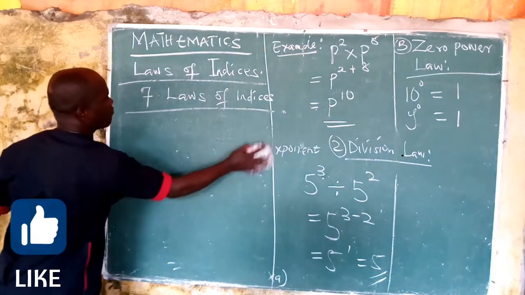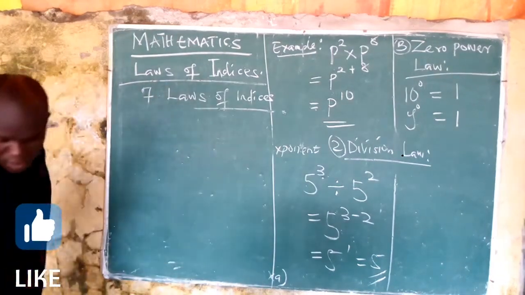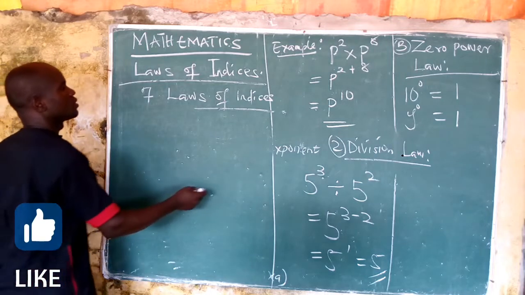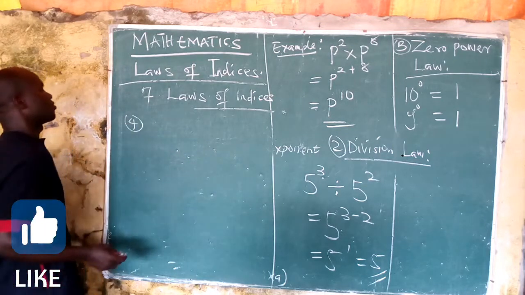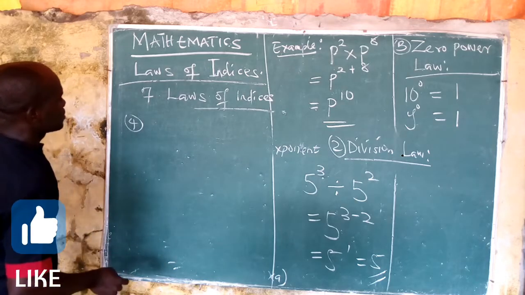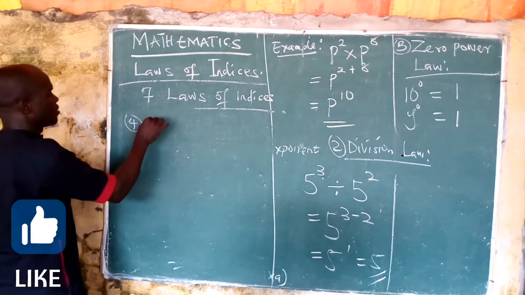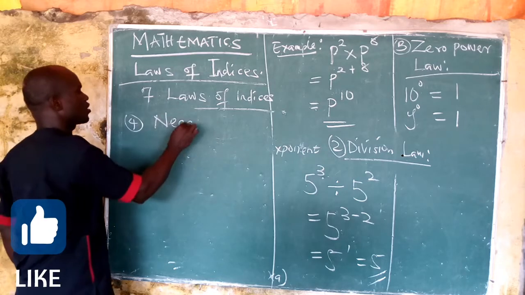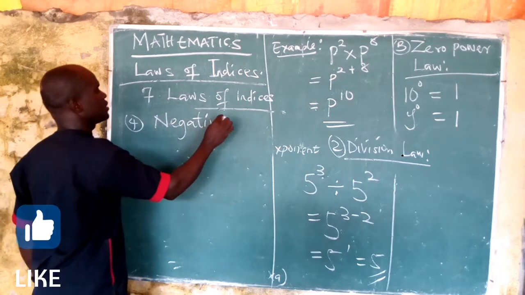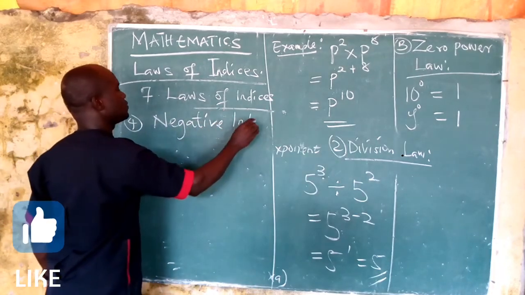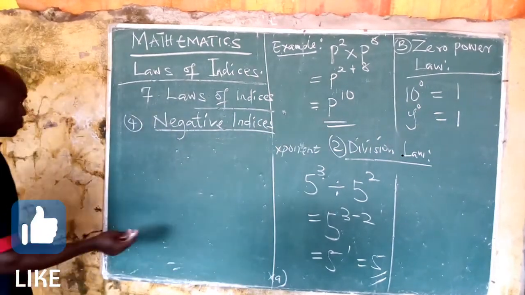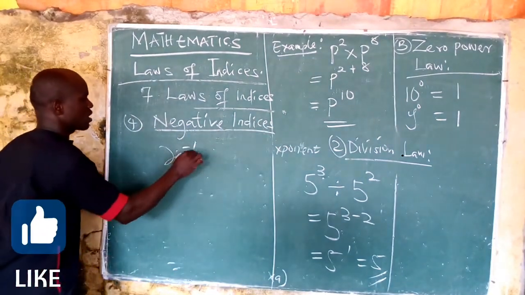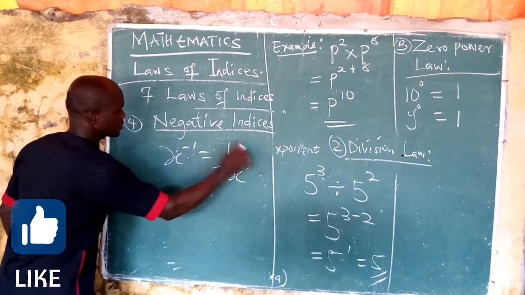The next one is law number 4. Don't forget, law number 4 is called the negative indices or negative index. This law is simple. It simply says x raised to power minus 1 is equal to 1 over x.